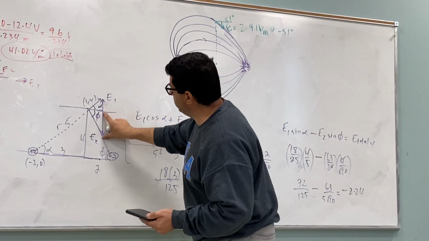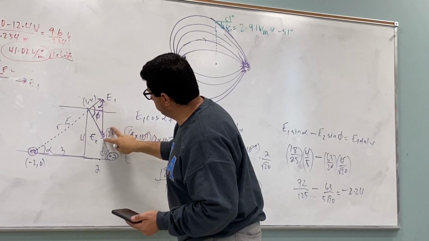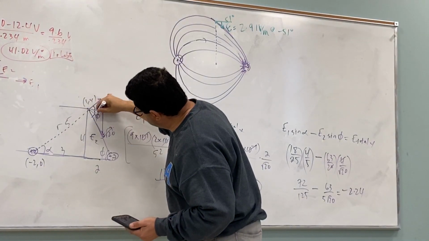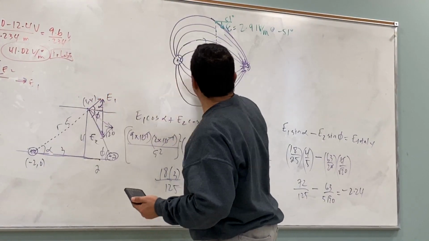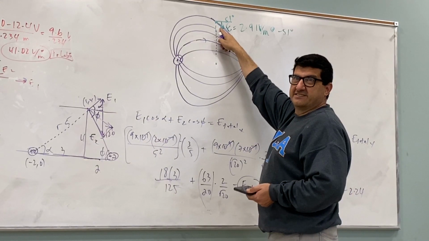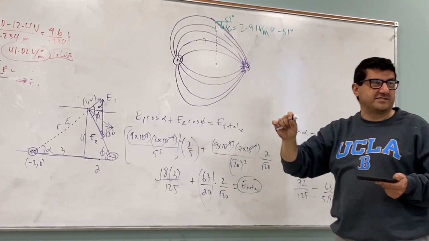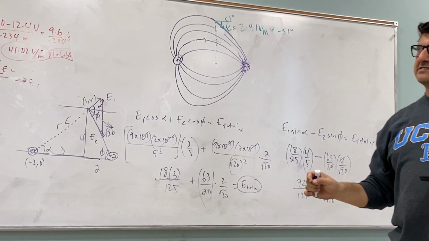Because this one is going to beat this one. So when you put this to the tip of that, you get the electric field like that. And that's the electric field that I drew in green, right? It's the sum of the two electric fields at every point that gives you the electric field at that point.